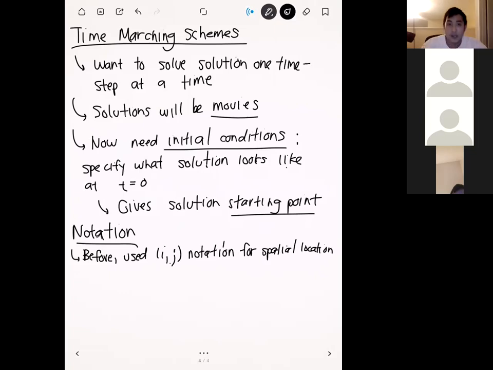Every node in our grid had an I value and a J value, and that tells us where our nodes were located.